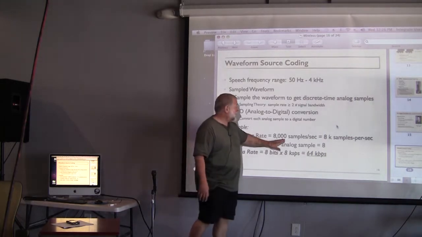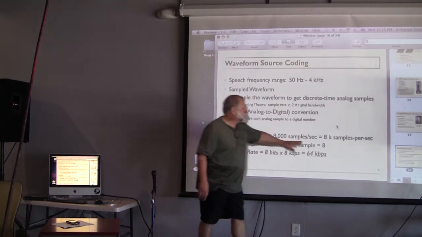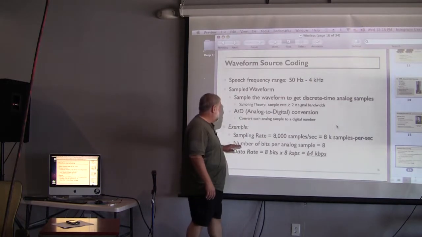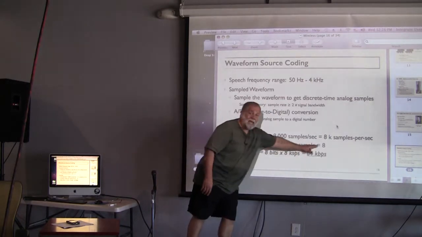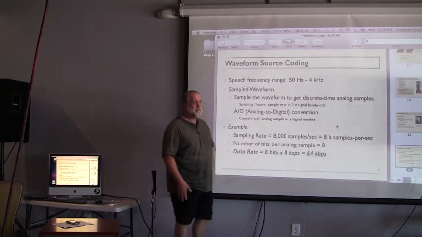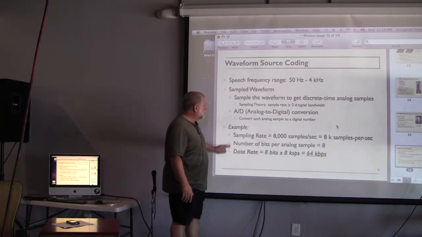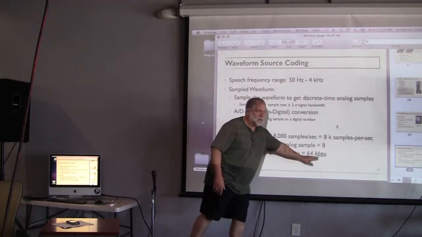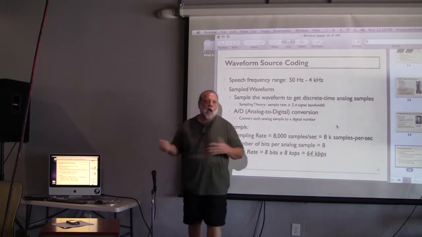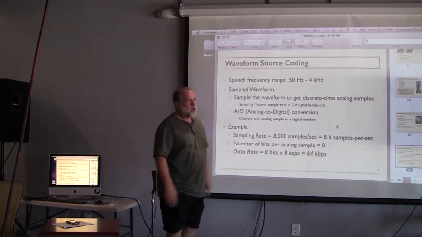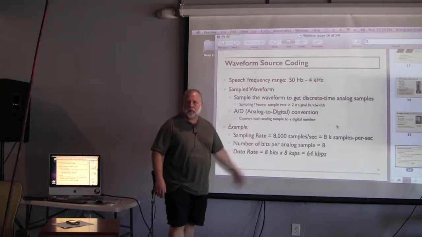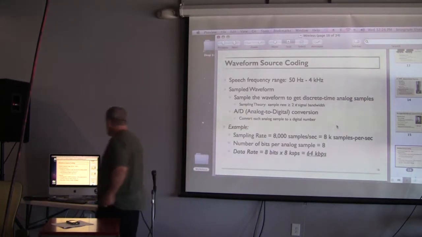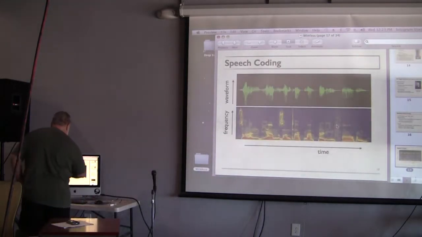They sampled at 8 kilosamples per second. Each sample was converted into 8 bits, an integer, okay? So the total data rate was 64 kilobits per second. So high quality, what's called toll quality speech, is roughly equivalent to a 64 kilobit per second data stream.